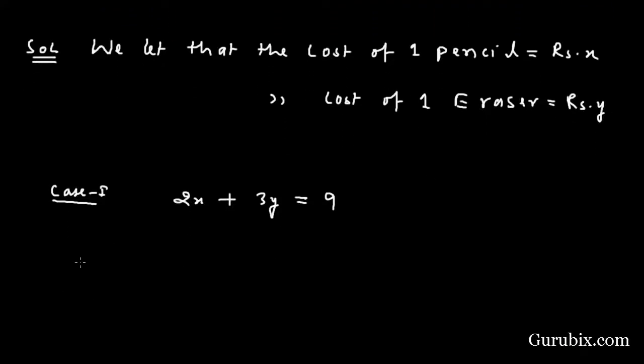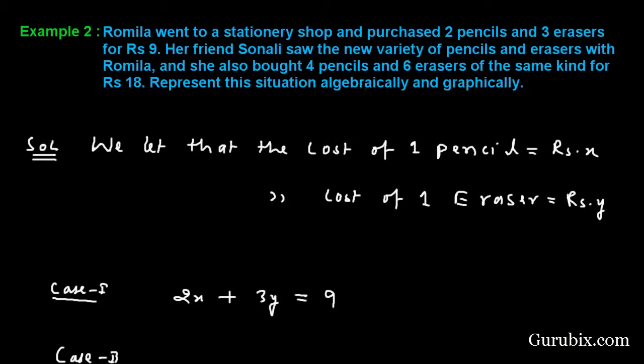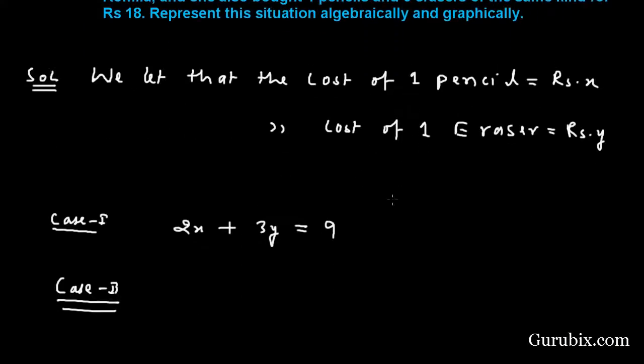And for the second condition, when 4 pencils and 6 erasers are bought for rupees 18, in this condition we shall write 4x plus 6y equals 18.